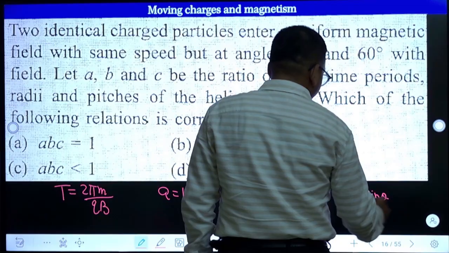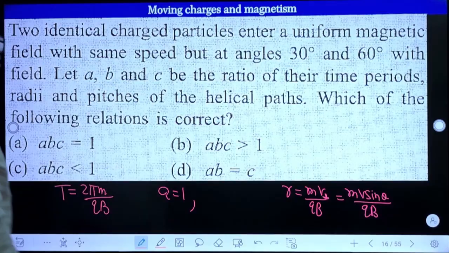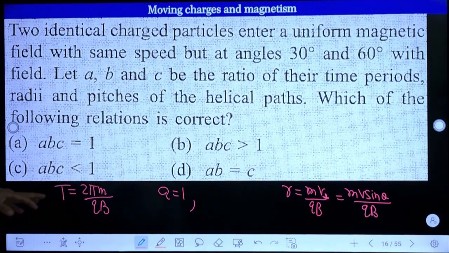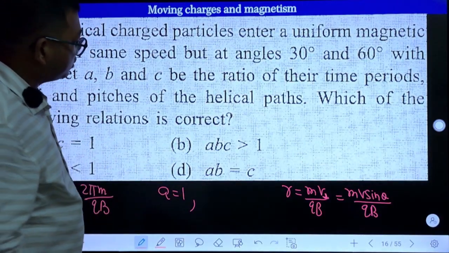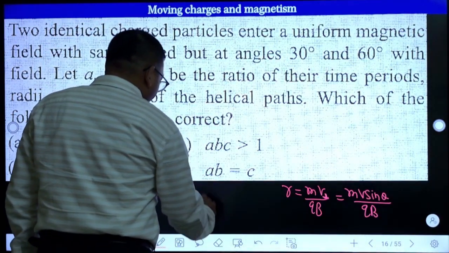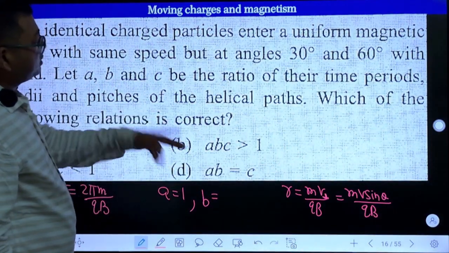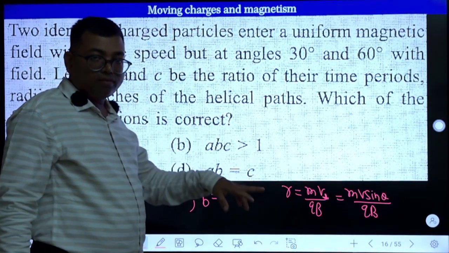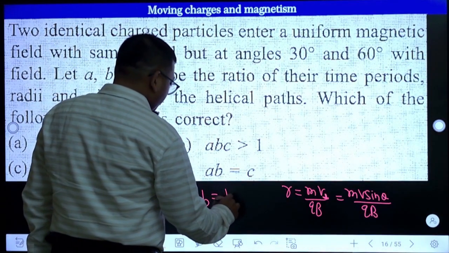Here the angle theta is 30 and 60 with the field. So if you take the ratio of radius, which is B, it is the ratio of sine 30 degrees and sine 60 degrees. Sine 30 is half and sine 60 is root 3 by 2. So this is going to give us 1 by root 3.